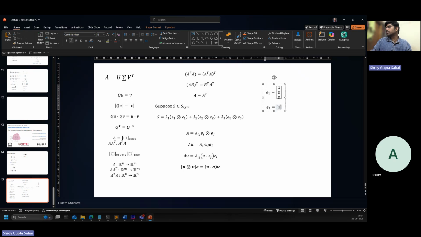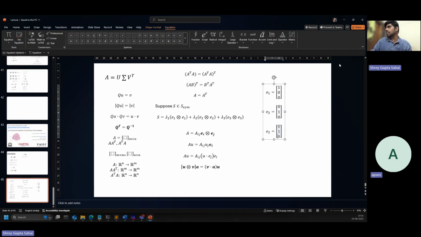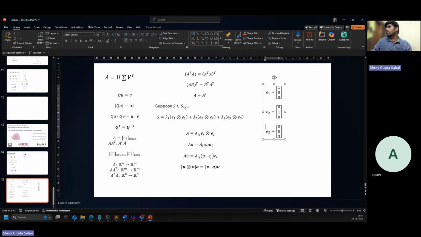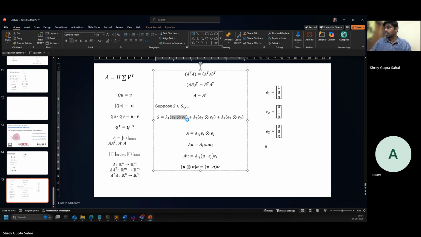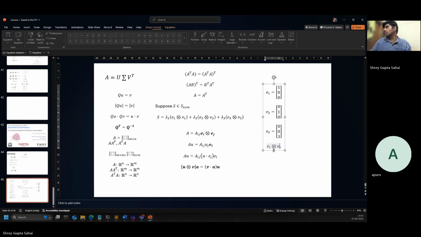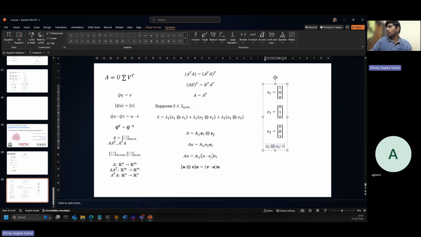Don't get scared of this new way of writing unit vectors. But it is important. Now if I have to write this one, then this is how it will look.